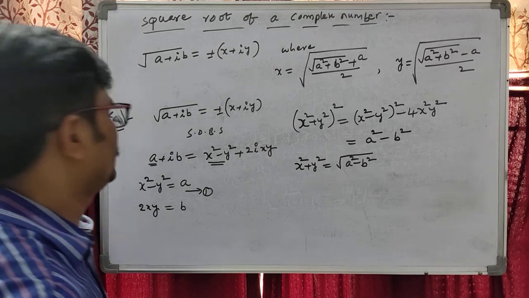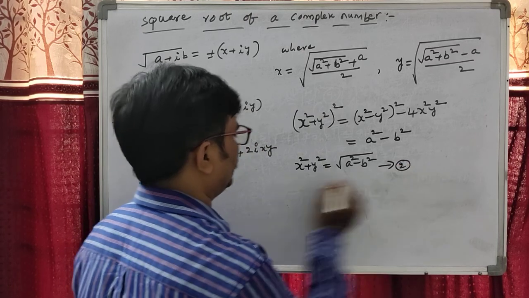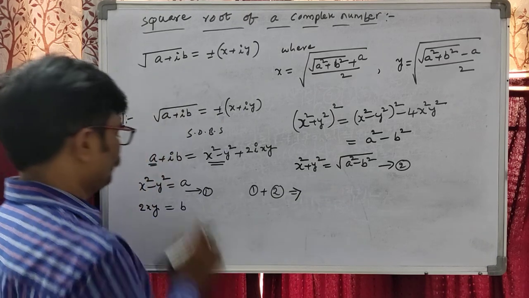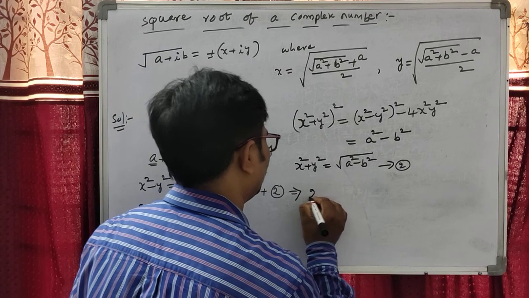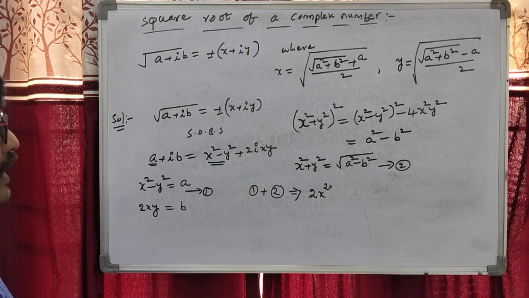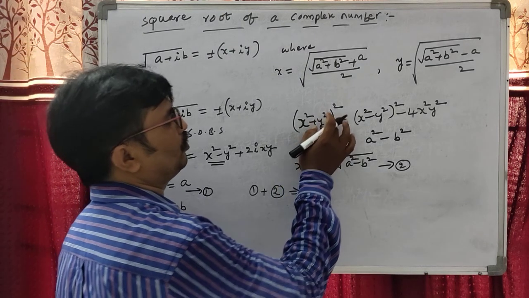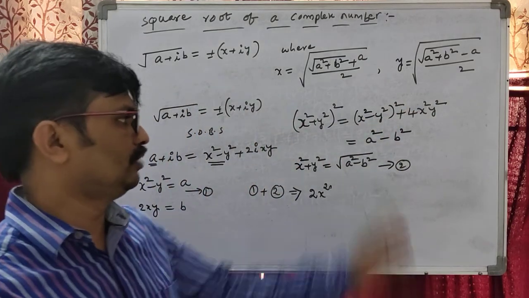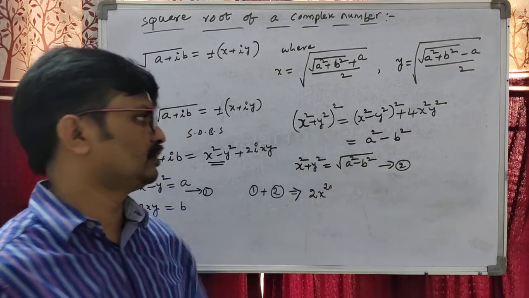Now students, this will be taken as equation 2. Now 1 plus 2: y square and minus y square cancel, and we can write it as 2x square. What we observed here: (a plus b) whole square is (a minus b) whole square plus 4ab; minus 2ab plus 4ab is plus 2ab, which gives (a plus b) whole square.